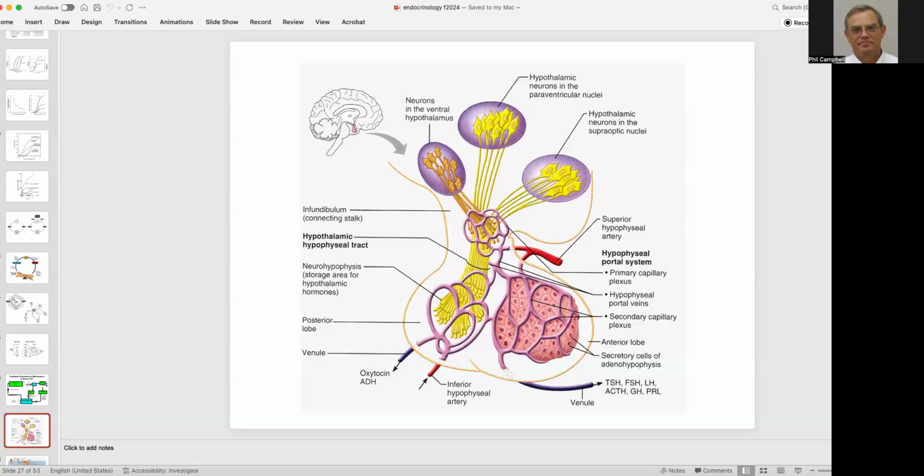All right. So within the brain, we have the hypothalamus and the pituitary. The hypothalamus controls the pituitary. The posterior pituitary serves as simply a depot. It does not synthesize hormones itself. The anterior pituitary, on the other hand, does, under control of hormones that are released from the hypothalamus. We'll go into more depth as we move along.